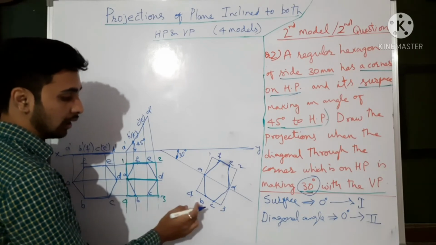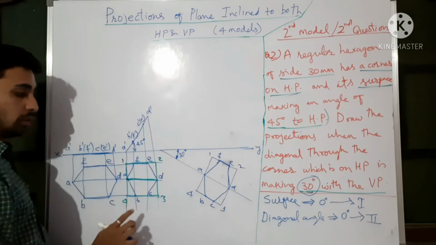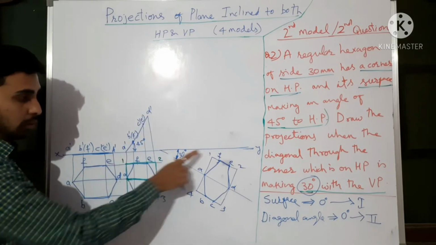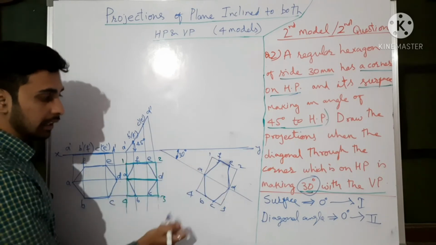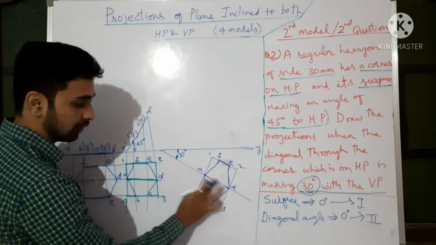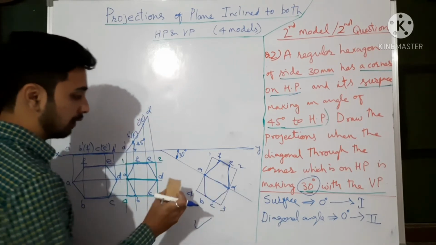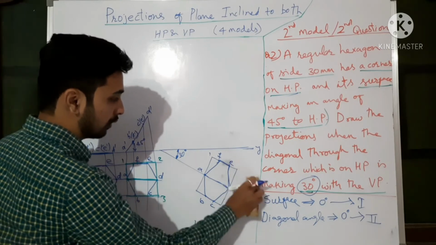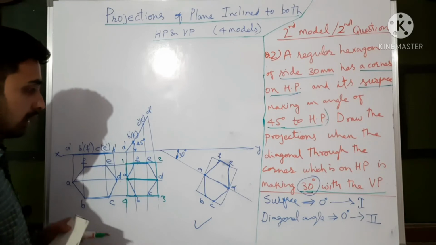Now project all the points A, B, C, D, E, F in the front view. I hope you have noted this 1 to 1, 2 to 2, the box numbers. This box we have shifted like this. Now ultimately the diagonal AD is at what angle? 30 degrees. So this is the correct procedure. Now I am erasing the box numbers to avoid confusion. Generally you should also not keep them in the exam.